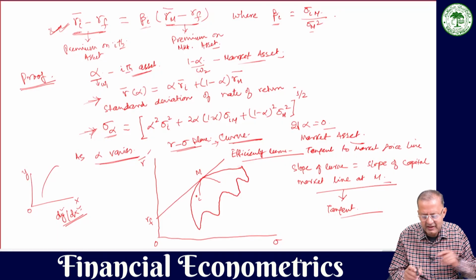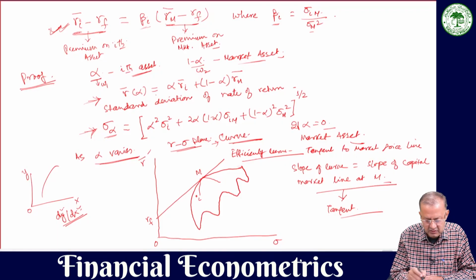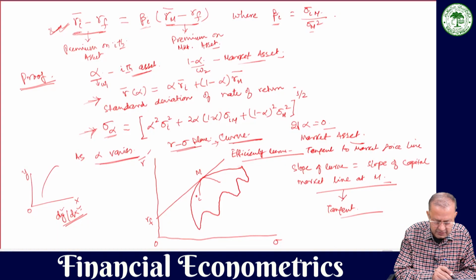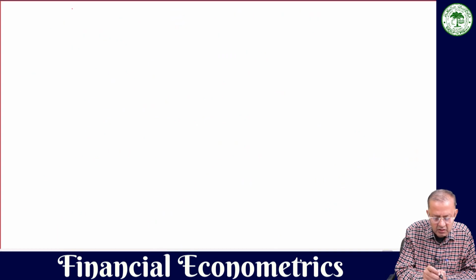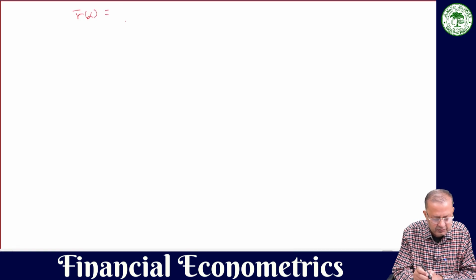So what is this? Again, let me rewrite this equation on the next page. R bar alpha is equal to alpha Ri bar plus 1 minus alpha Rm bar.